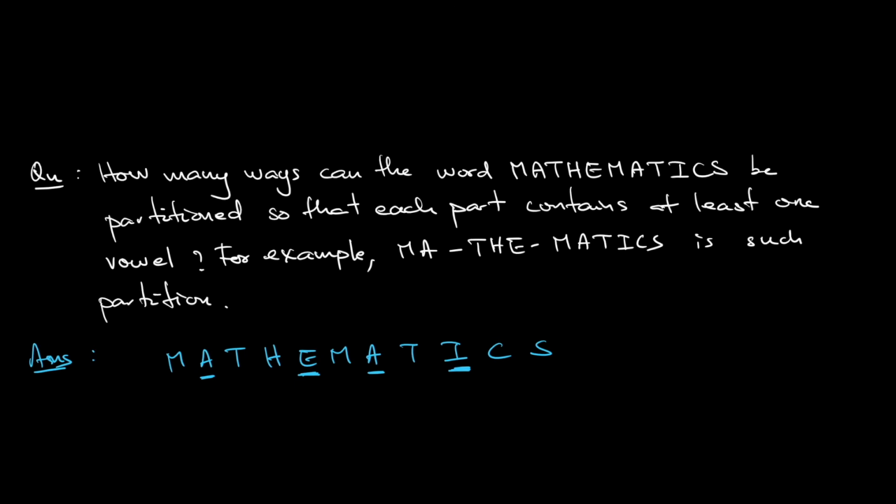So for example, this vowel A and this vowel E. Okay, I need to put a partition in between this so that each part will still have a vowel. So let me write down.